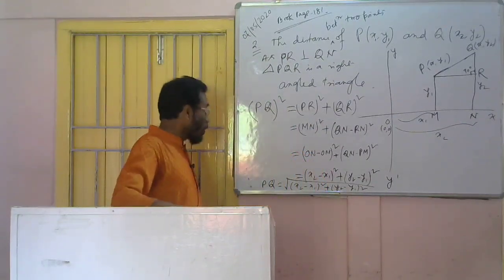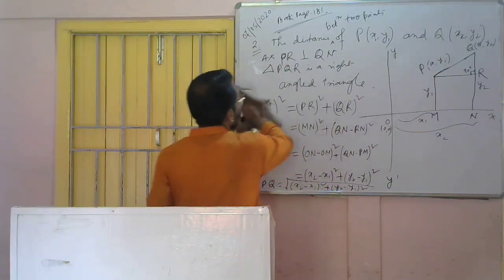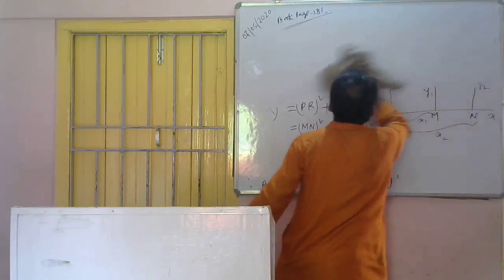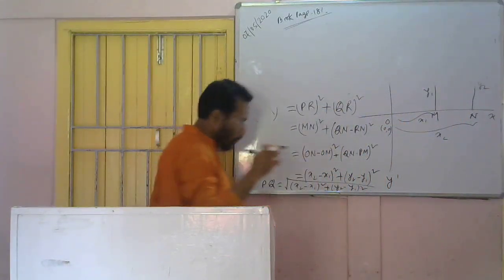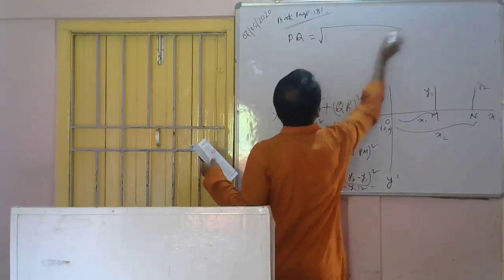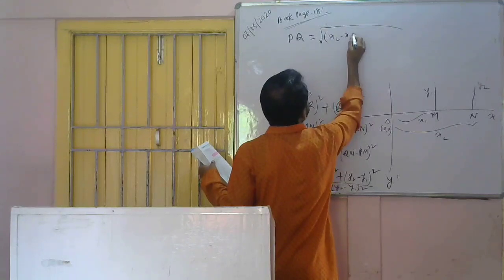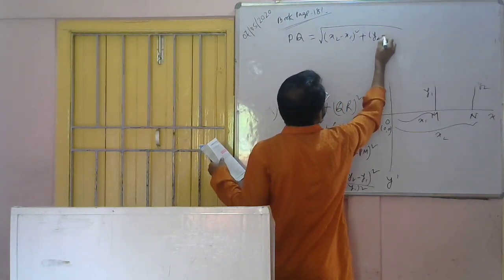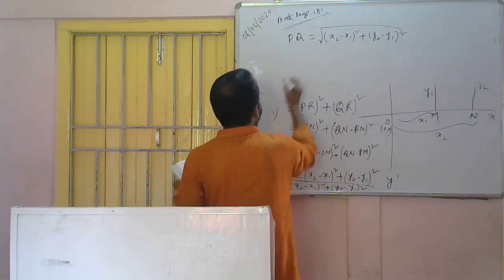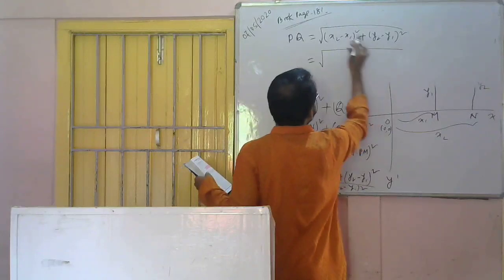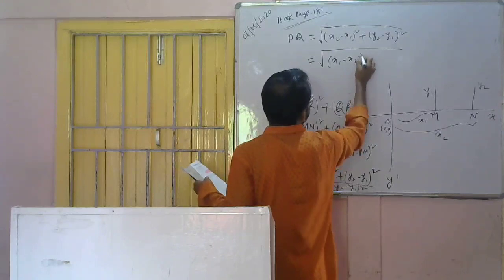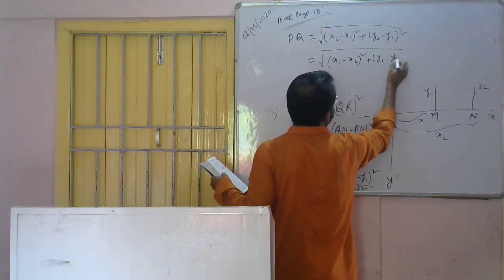So the distance between any two points, PQ, is root over x2 minus x1 whole square plus y2 minus y1 whole square. You can also write it as x1 minus x2 whole square plus y1 minus y2 whole square.